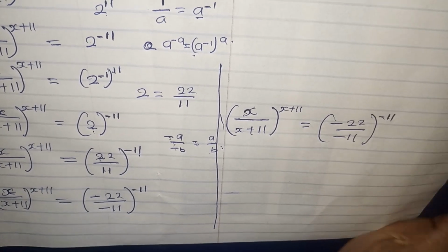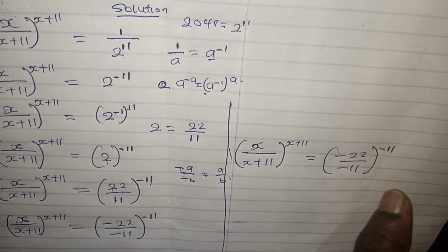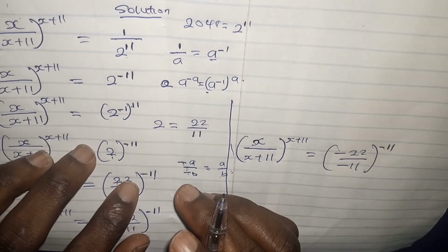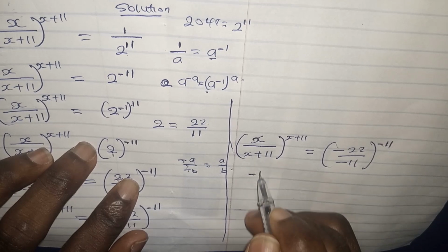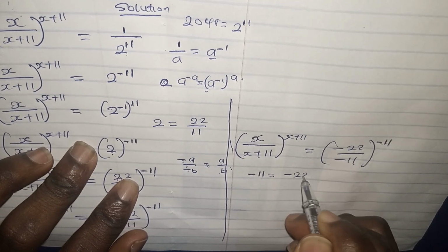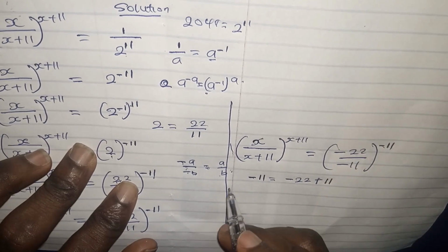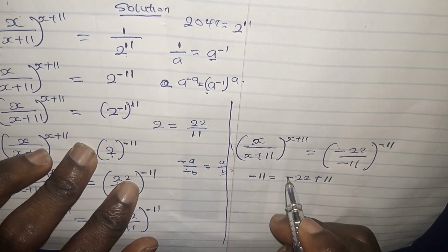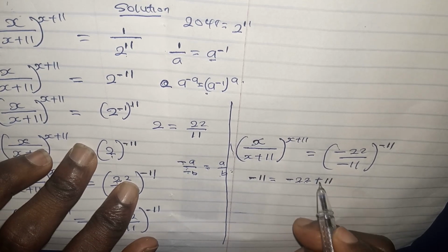Okay, having done this, we are now having negative 11 is also equal to negative 22 plus 11. So wherever we see negative 11, we'll put negative 22 plus 11.